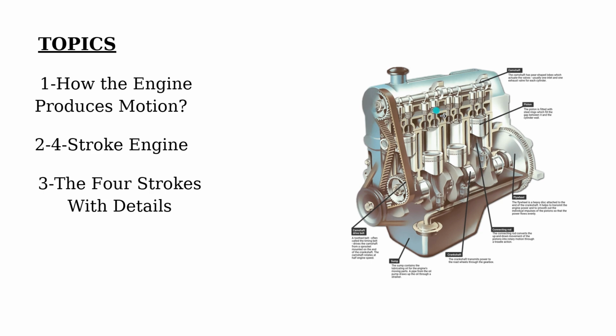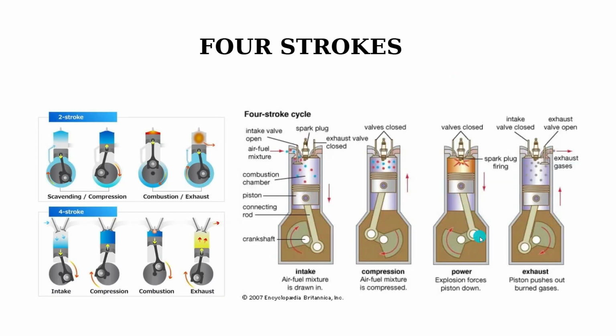At the end of the lesson, you will clearly understand how an engine produces continuous movement using a repeating cycle. This will also help you connect all the previous topics like engine parts and energy conversion into one complete working system. So now I think we can talk about the four-stroke engine.